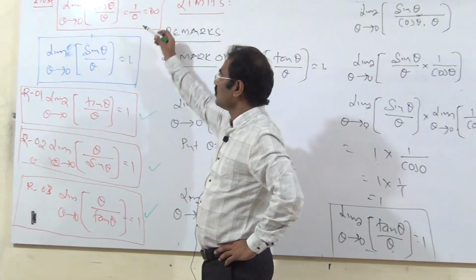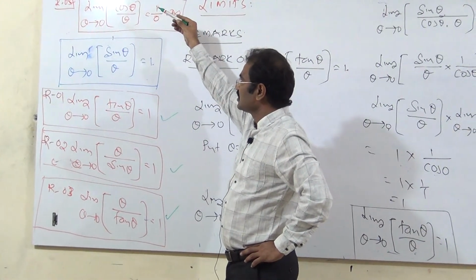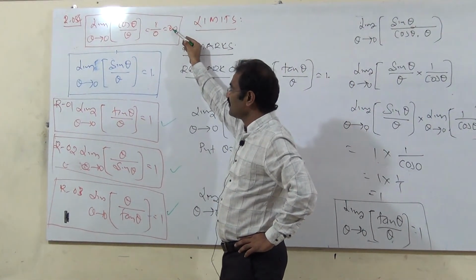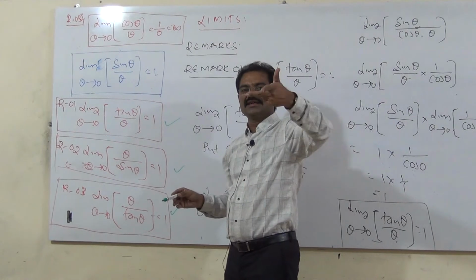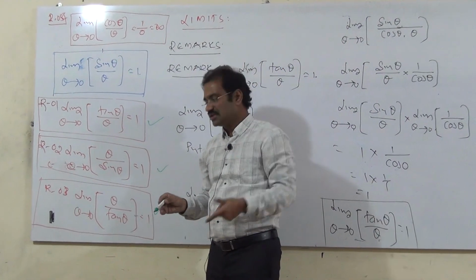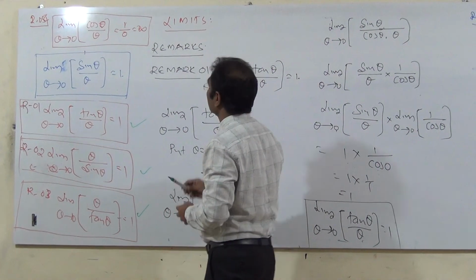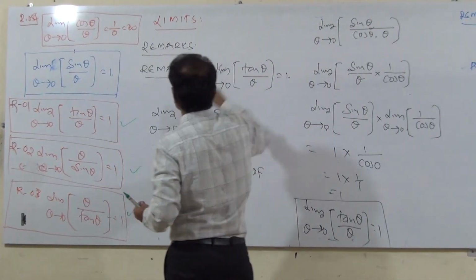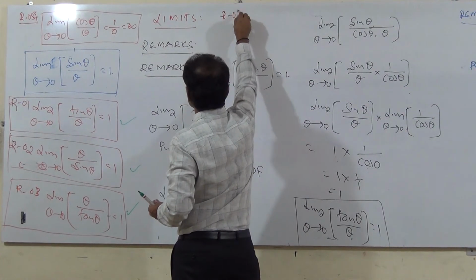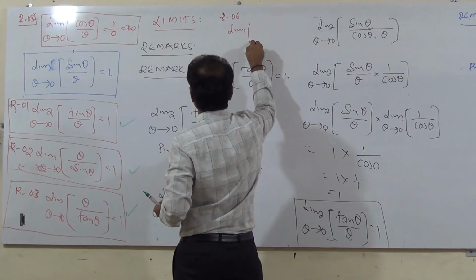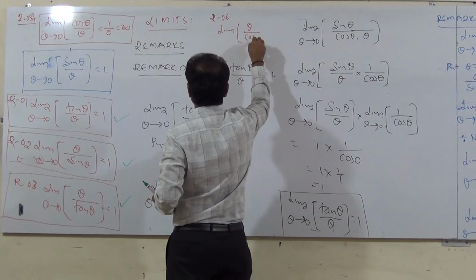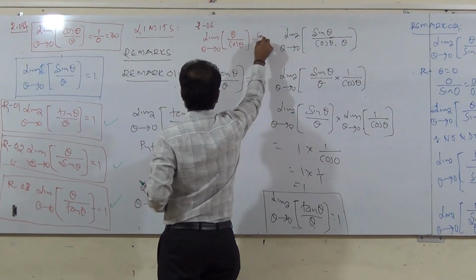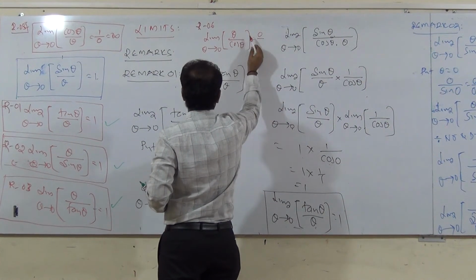And one more: limit of cos theta by theta as theta tends to 0 is equal to how much? 1 by 0, that is what? Infinity. If you write its reciprocal, then it becomes how much? 0. I write it here as one more remark, remark number 6: limit of theta by cos theta as theta tends to 0 is 0 by cos 0.